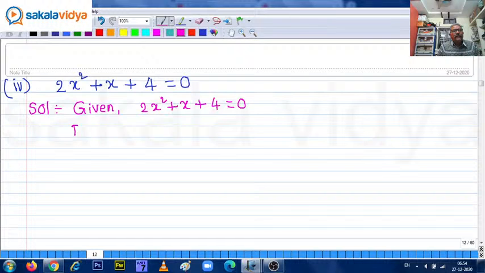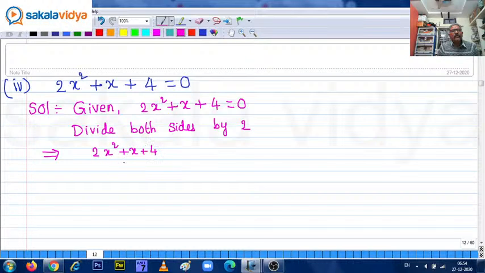First step, divide both sides by the coefficient of x square, that is 2. So then what shall we get now? Having been divided by 2, 2x square plus x plus 4 upon 2 equals to 0 upon 2.